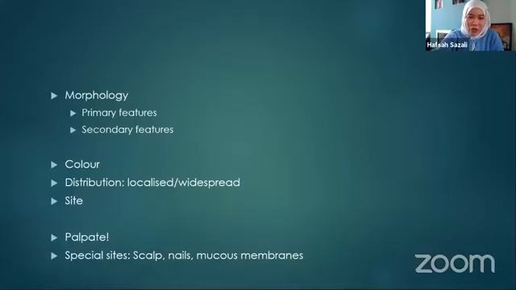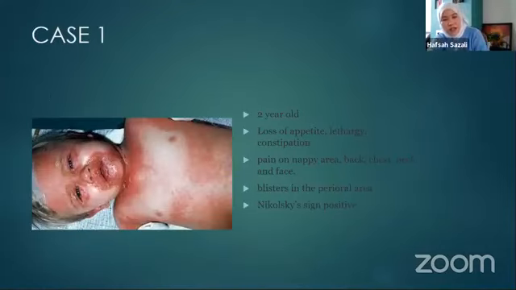So I received a request to go through some pediatric dermatology cases. It's actually a lecture on its own, but we'll go through 3 cases for today, if that's okay. So the first case is a 2-year-old who presented with a loss of appetite, lethargy, and constipation for about 5 days.